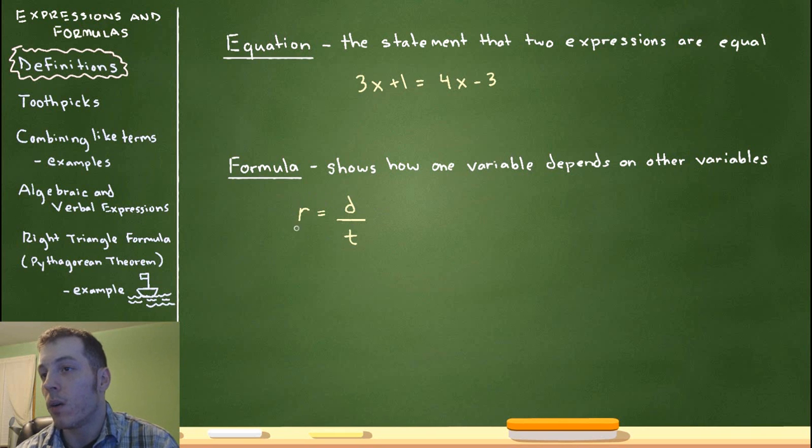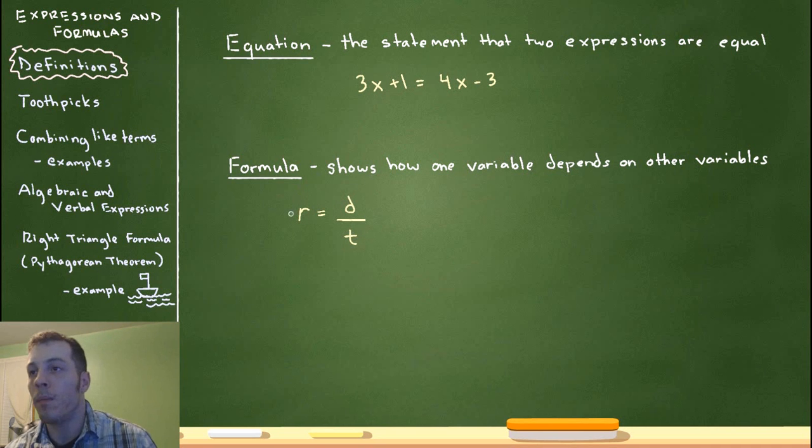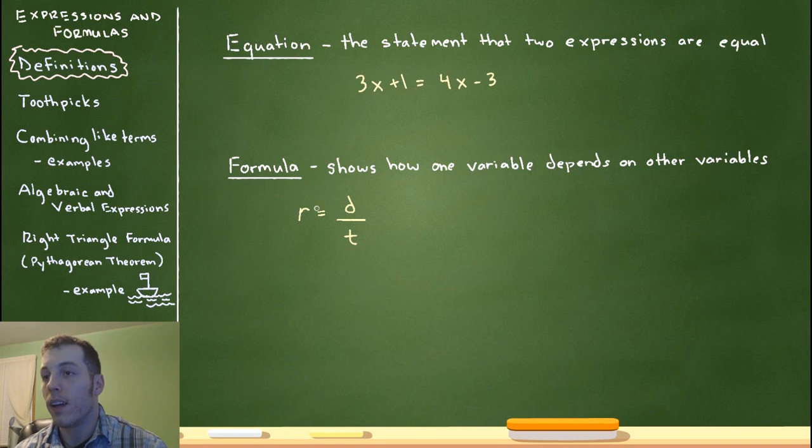This shows how rate is dependent upon the distance and the time. And again, you can see that the rate here, the r, is an expression, and this equals d divided by t. D divided by t by itself is another expression, so an expression equal to an expression is an equation.